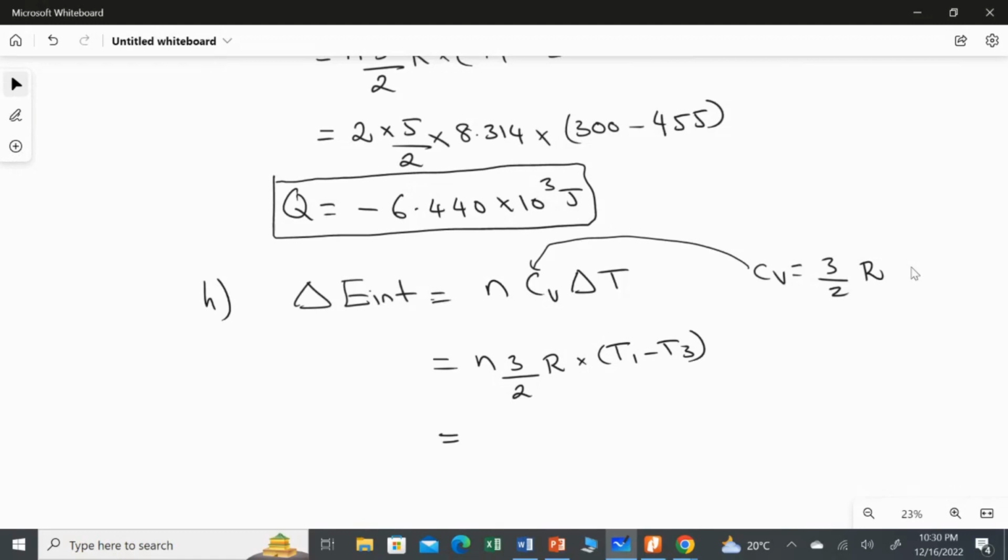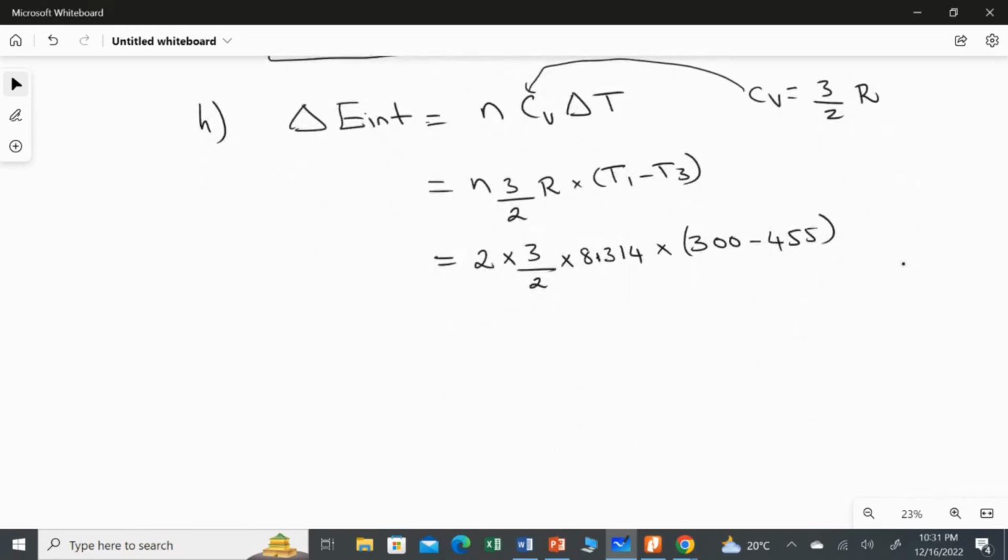Now I'm going to substitute the values. n takes the value 2, multiplied by 3 over 2 times R, which is 8.314, multiplied by T1 minus T3, which is 300 minus 455.